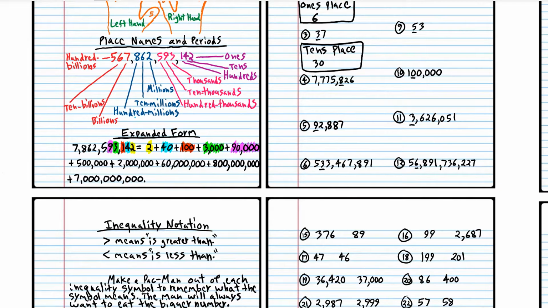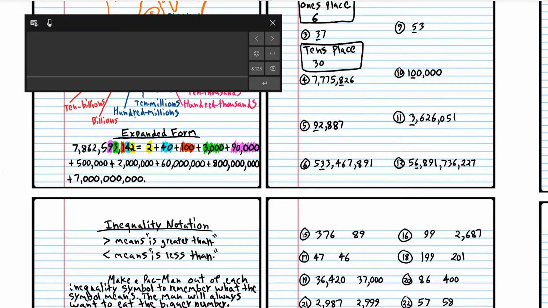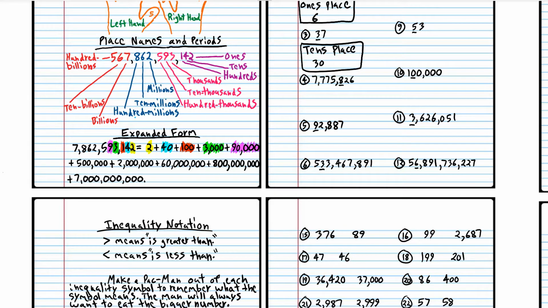See if you can try that one. Pause the video, and when you come back, we'll do it together. All right, we're back. The 8 is the 3rd number over, which is the hundreds place.